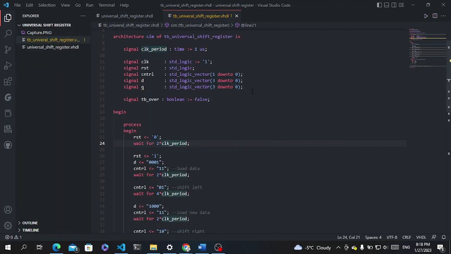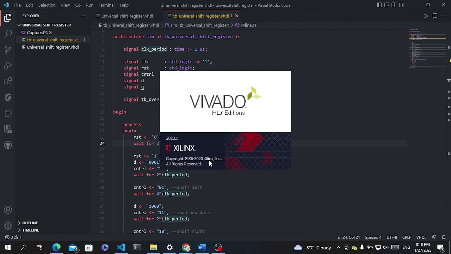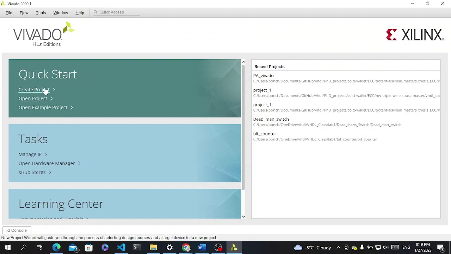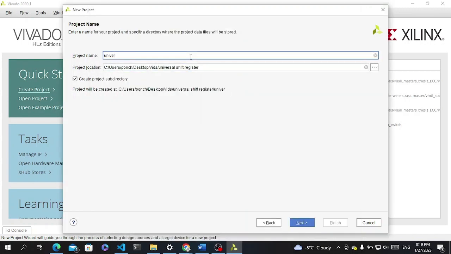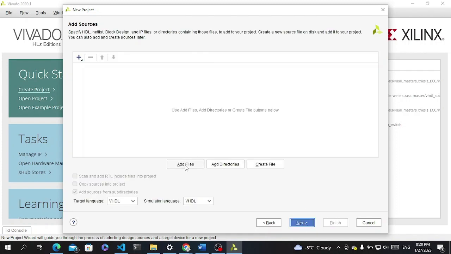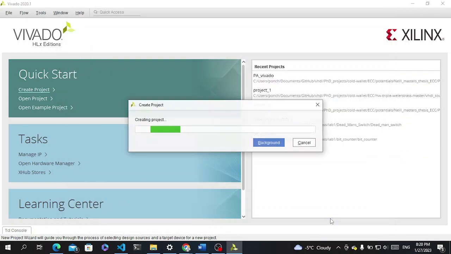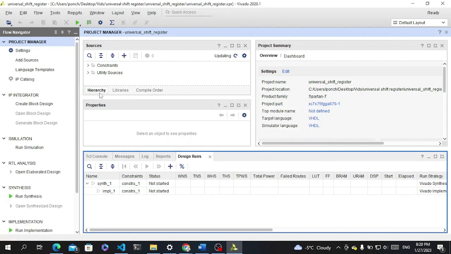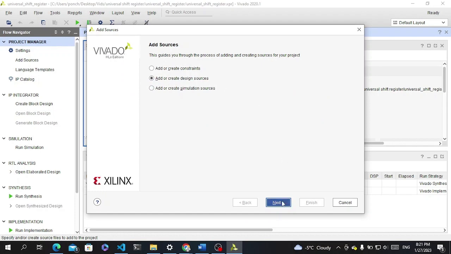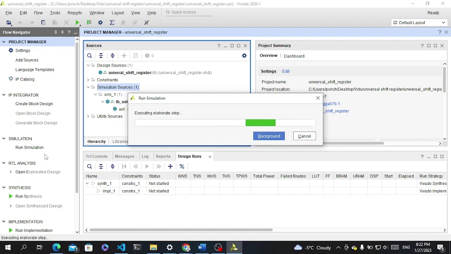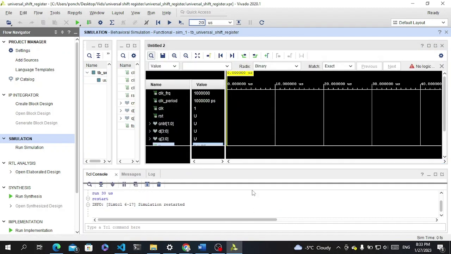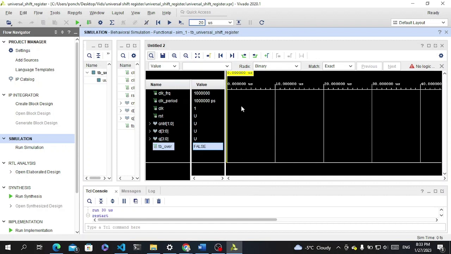So we're going to run it in Vivado. So now let's run our simulation.